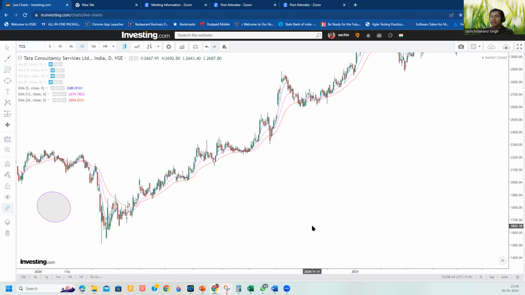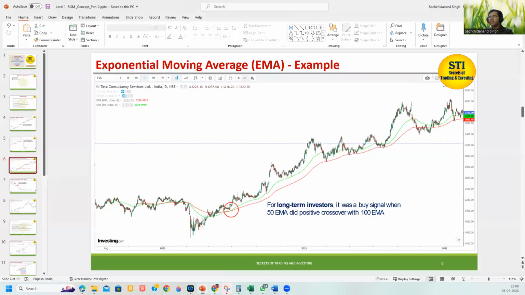You can also enter based on futures and options, which we are going to learn in the third level. But this is one of the very simple and very powerful indicators which we should know how to use. So that is the EMA for positive crossover.